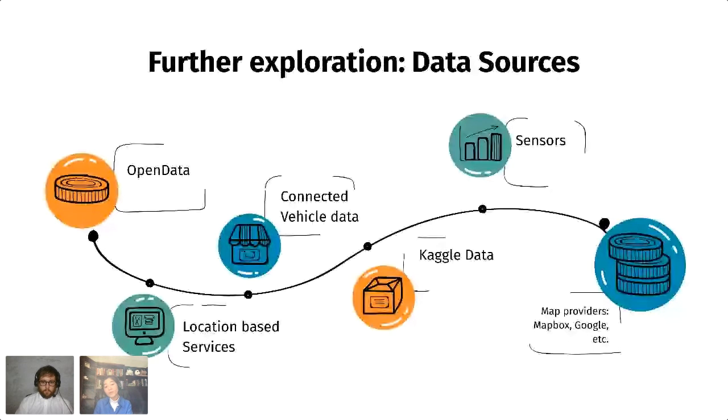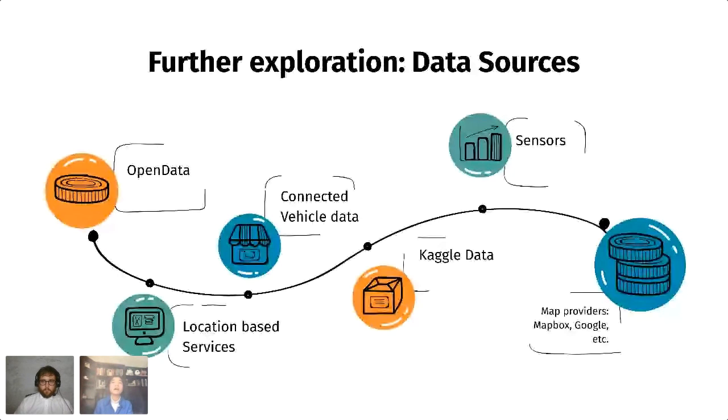That leads us to sensor data. For example, if you have some smart device at home, you can look into whether you can access the data yourself and then play with it. That is another source that you can look into.